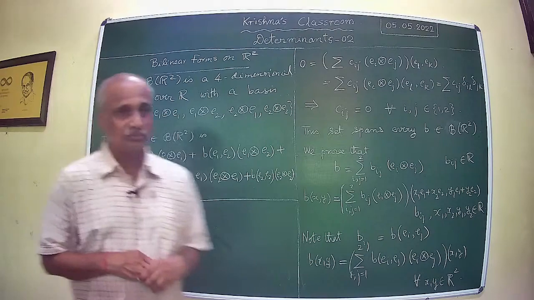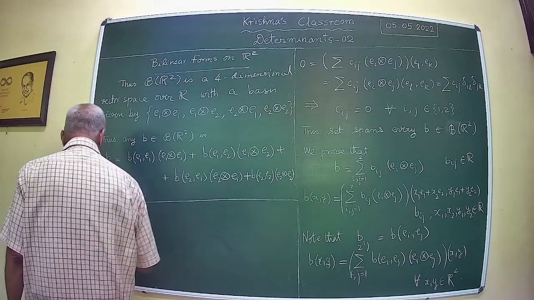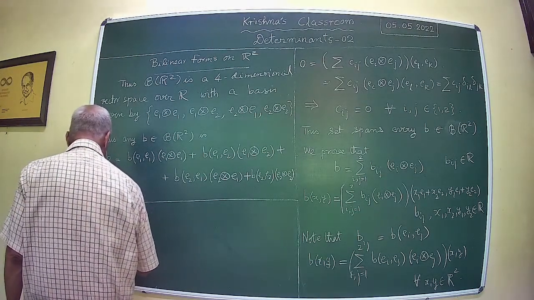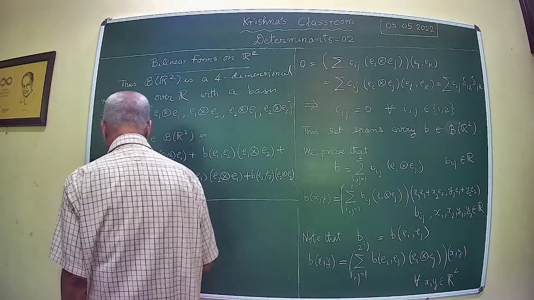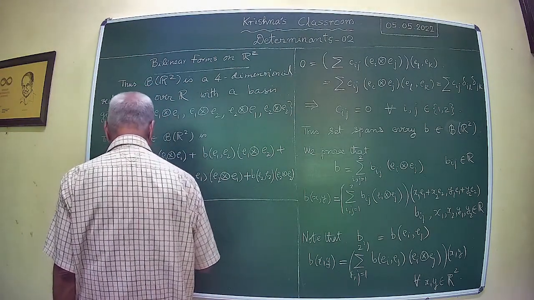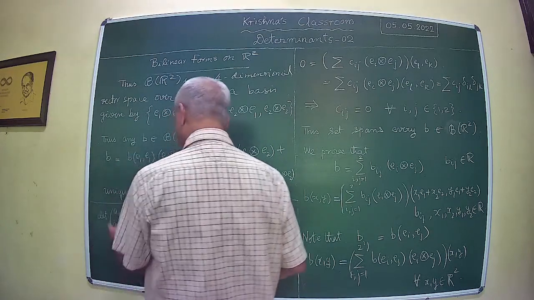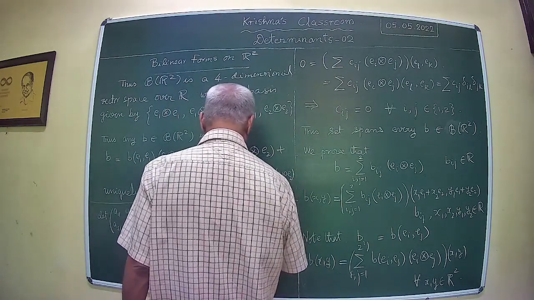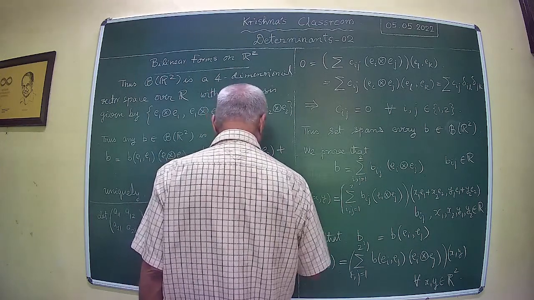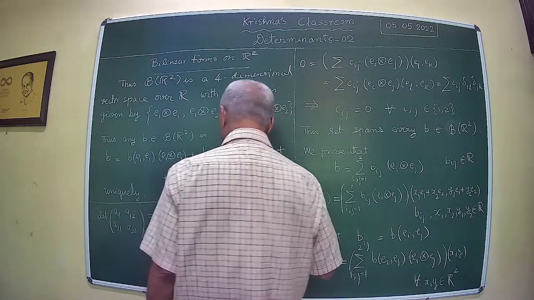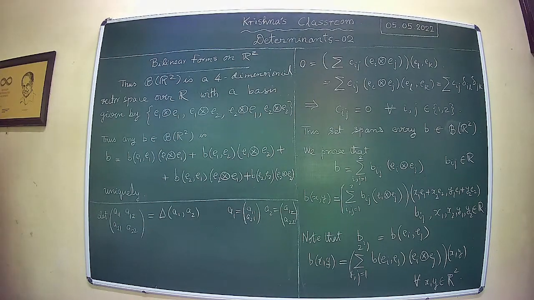Now you see that if we represent determinant of, suppose we write this as, where A1 equal to A11, A21, then you know that we have already seen that delta is a bilinear form.